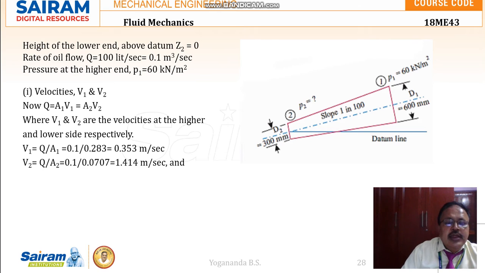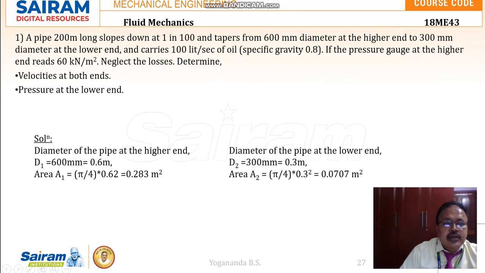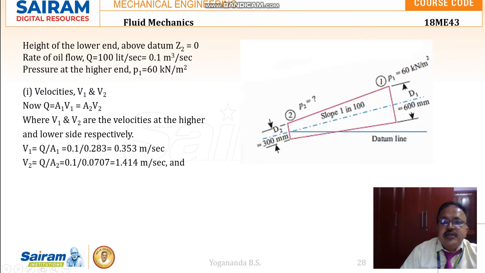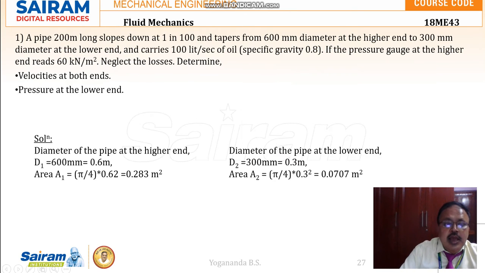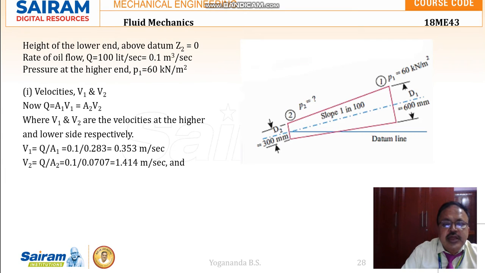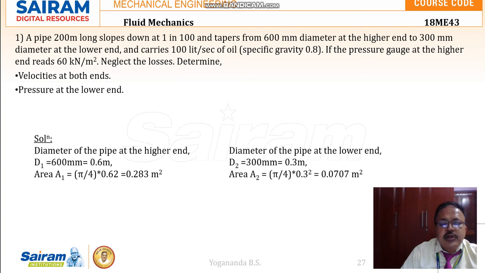So the given data is written here. The diameter of the pipe at the higher end D1 is 600 millimeter, and the area is pi D1 square by 4. Then the diameter of the pipe at the lower end, D2, is 0.3 meter, and the area is calculated.